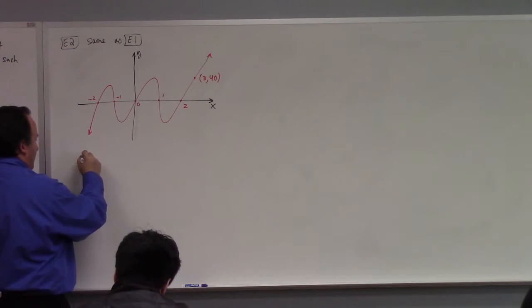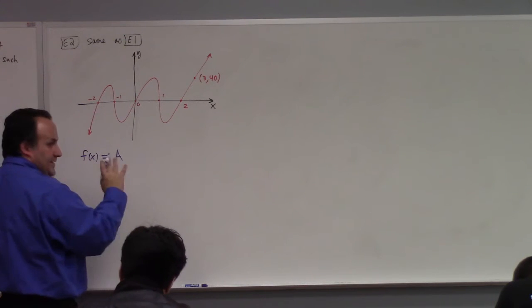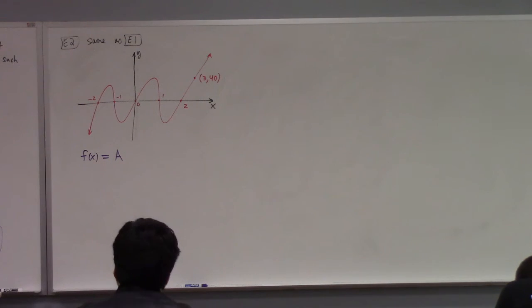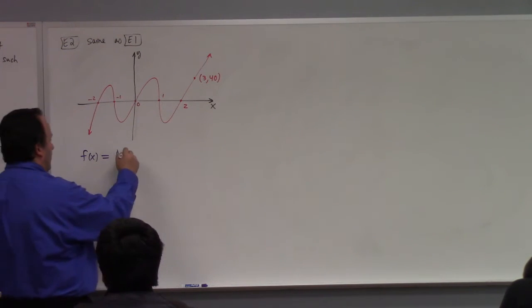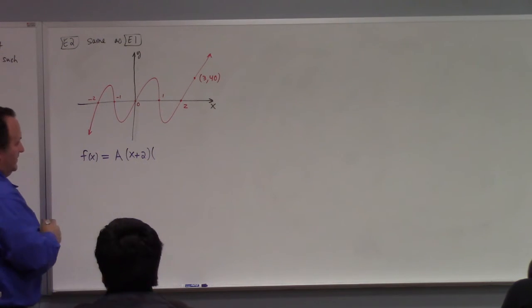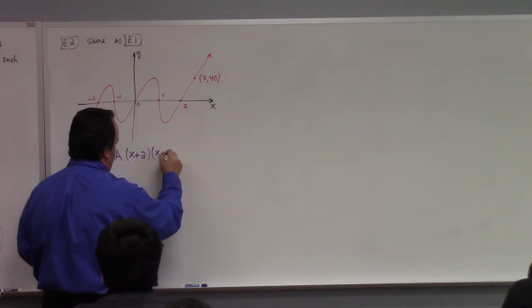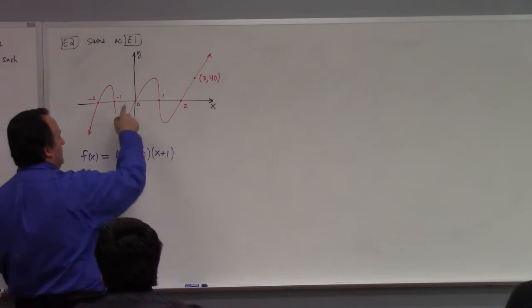So I start us out, f of x. I'll put a constant out front, a, just to allow for rescaling. And then you guys get me started. What's my first thing? X plus 2. Then what? X plus 1. Very good. And what about the 0?